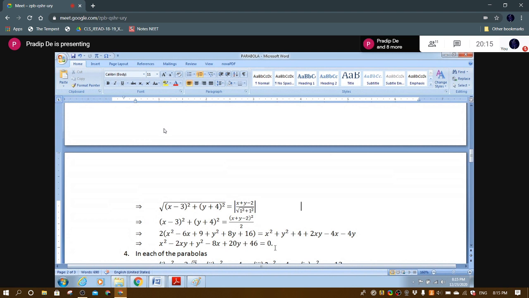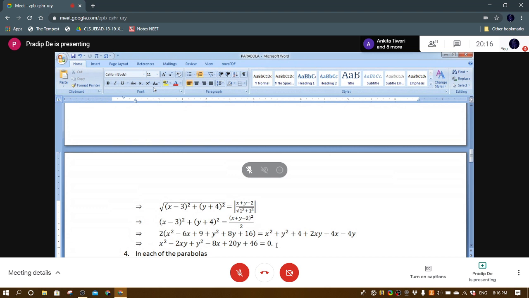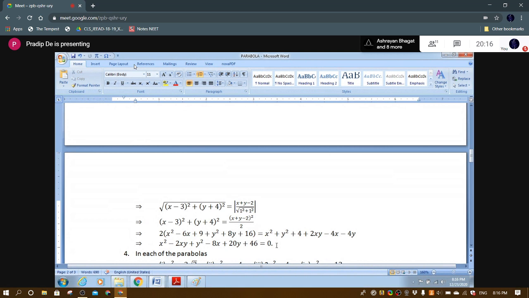It can be anywhere. The parabola can be anywhere. The vertex can be anywhere. The axis of the parabola can be inclined at any angle with the x-axis. That is a general form. So this is one of those types. Neither the vertex is at the origin, nor the axis of this parabola parallel to x-axis or y-axis. And that is the reason we get such an equation.